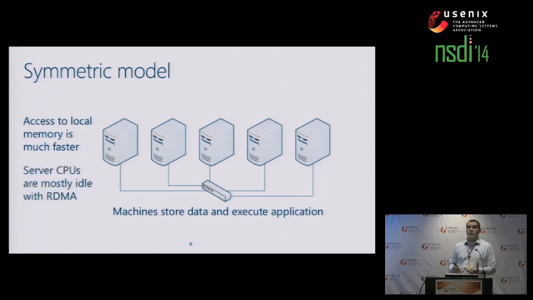The other is that we are using RDMA extensively. Servers which serve data using RDMA do not use their CPUs a lot, so the server CPUs would be underutilized. In order to use these spare CPU cycles, it's very good to put both the data serving and the application code on the same servers.